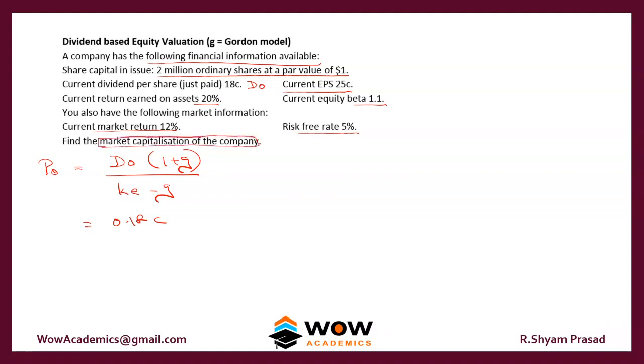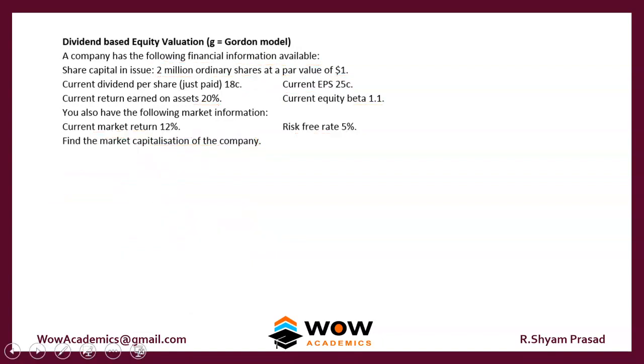So if you work out this formula, we'll only get the per share value. Okay. So then we have to multiply with the number of shares. So 18 cents into 1 plus G we don't know, as well as KE is not given. Again, G we don't know. So what happens here is we have to find these numbers and then we have to insert and get an answer.